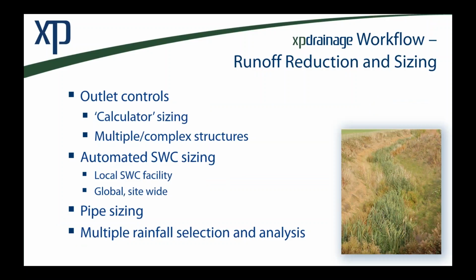We have the ability to automatically size our pipes through our system. That's going to be based on the rational method and Manning's equation, really a good place to start, if anything, but you can use that to size your system, as well as a pretty robust rainfall selection. So we have multiple different rainfall events, and we'll look at that.